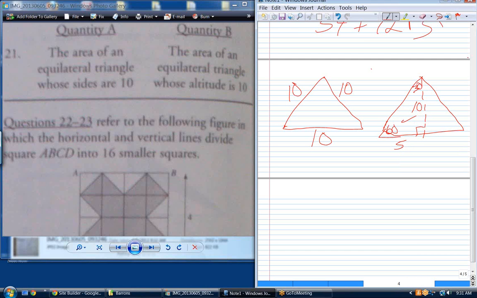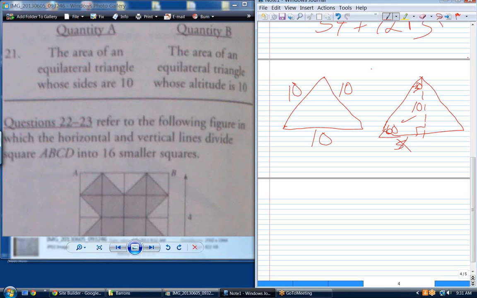No, I was just mentioning the ones that we have, 5 and 10. This is not 5. Oh, this would be a 30-60 triangle. Okay, so this would be the square root of 3 side.